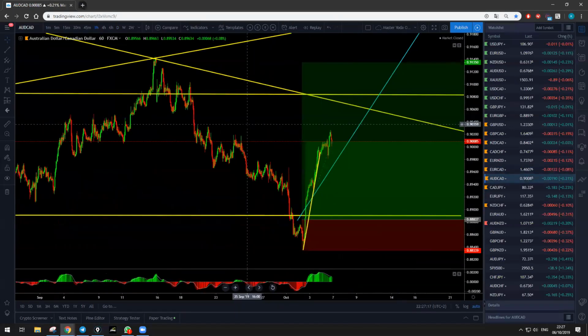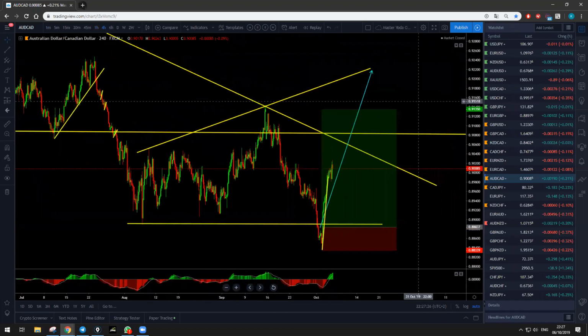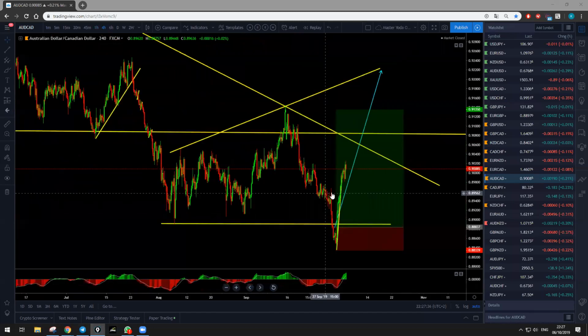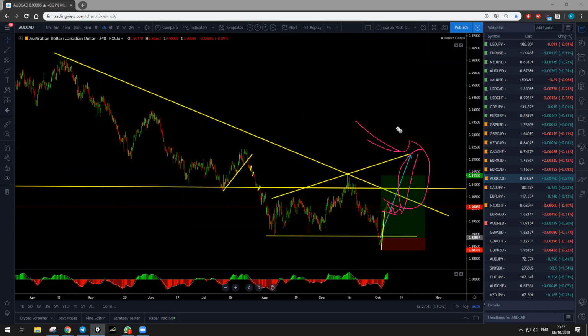Aussie Cad, that one is my trade actually. I posted it on my story if anyone saw it. I took my buy, I placed my stop over there, and I'm in nice profit already, and my trade is also protected with break even. What I will do is add more as price continues to the upside.